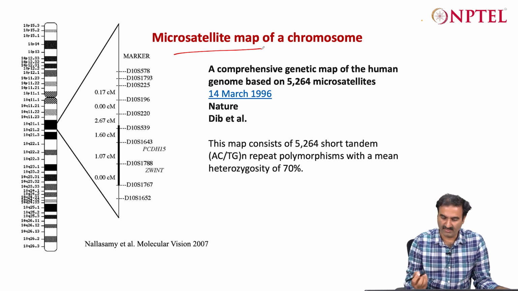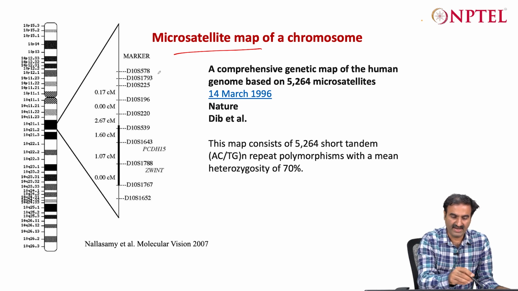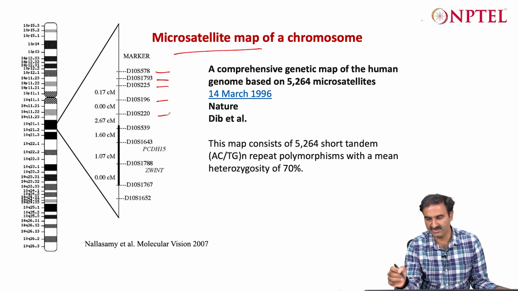That is why they are called polymorphic. They will be present in all, but their length will vary. So they prepared a microsatellite map of the entire chromosome. Like this is chromosome number 10, it was divided into various bands, and in each band they had these microsatellites. The first microsatellite map of the entire genome came in the year 1996.